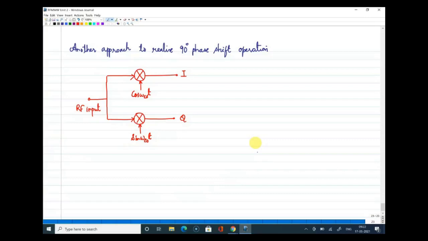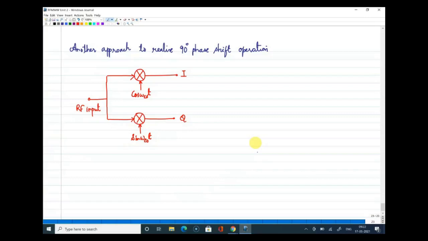Now we are more interested in looking at how the spectrum gets shifted with this kind of operation, and depending on that we can continue our discussion and develop the architecture for an image reject receiver.